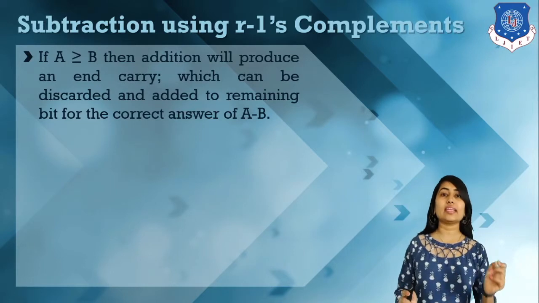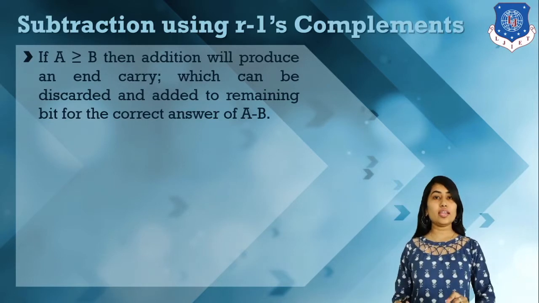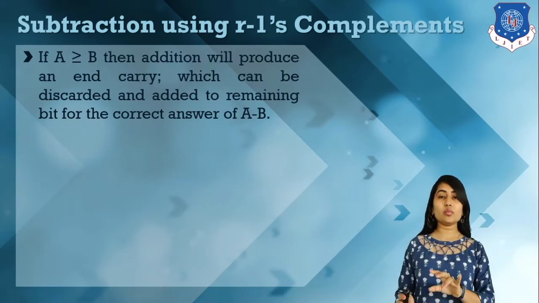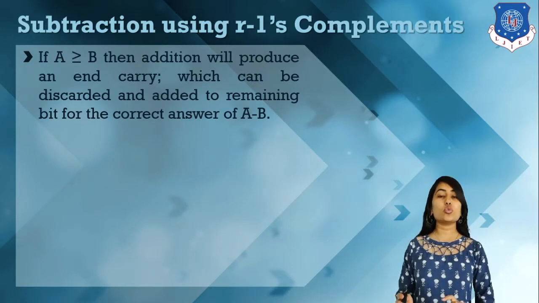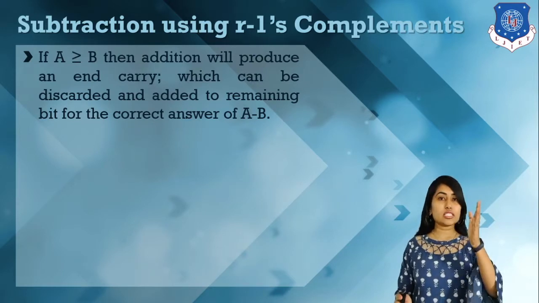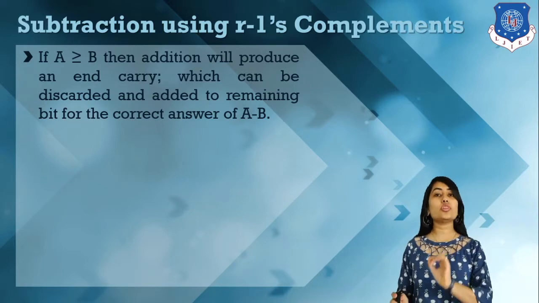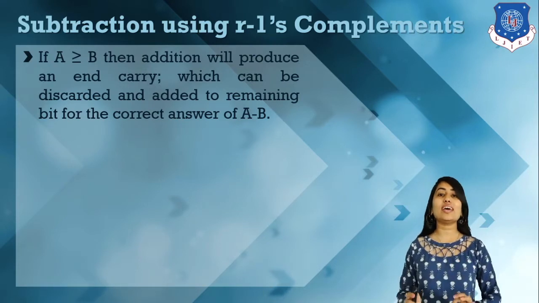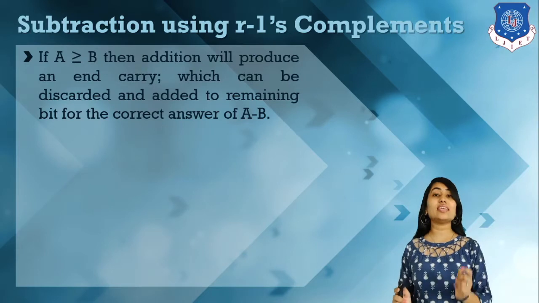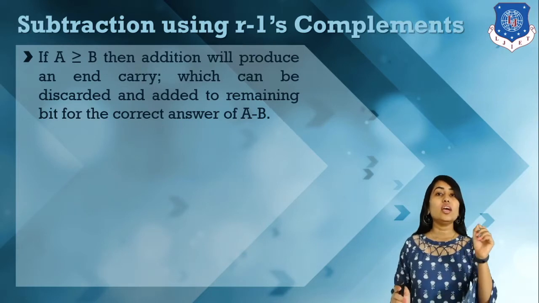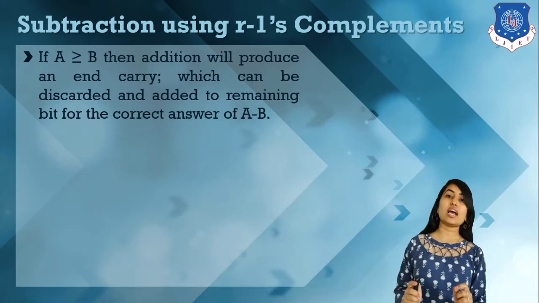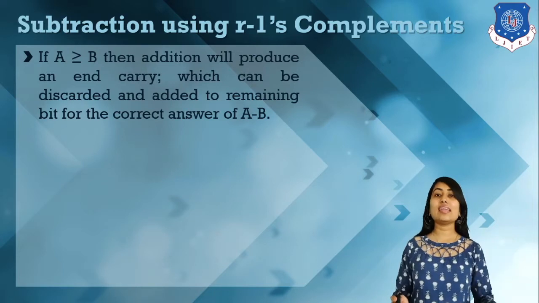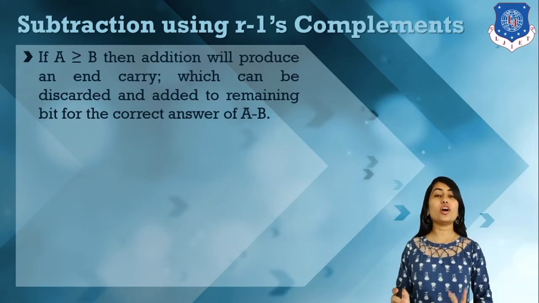Whenever we have an end carry, it means a is greater than or equal to b, so we have a positive answer. So discard the end carry and add it into the remaining bits for the correct answer.